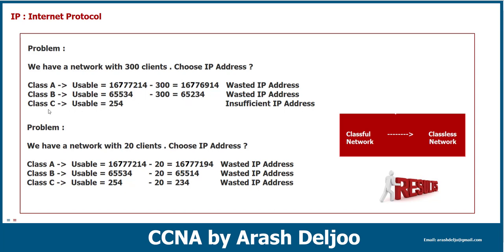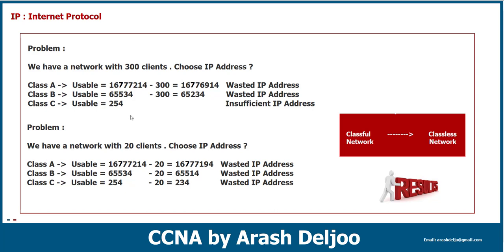If you use class C, you don't have sufficient IP addresses in one class C because we need 300 clients. So if we use class A and class B, we are wasting many IP addresses, and we also can't use class C because class C only has 254 IP addresses. Because of that, here we have a problem.